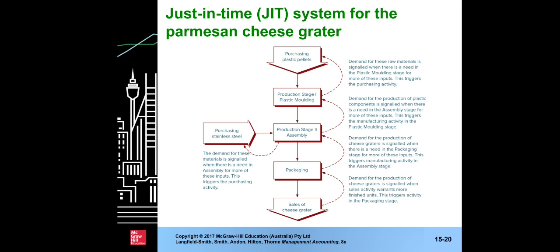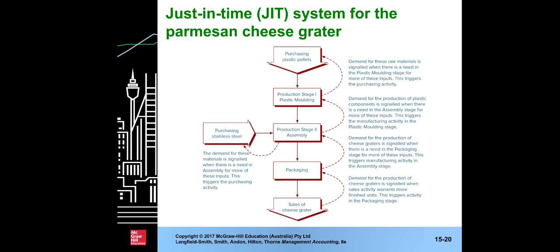Okay, JIT on the other hand is where the business tries to minimize inventories. When a business uses the JIT approach, they only order or request inventories when they need the inventory. They do not want to keep the inventory.